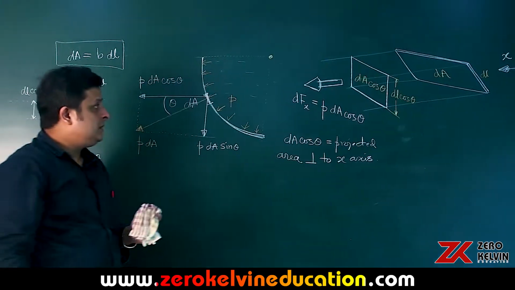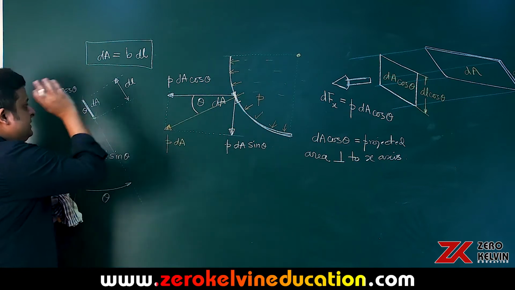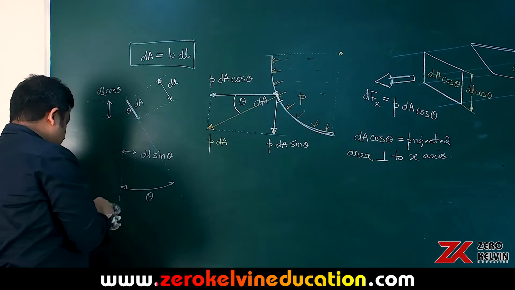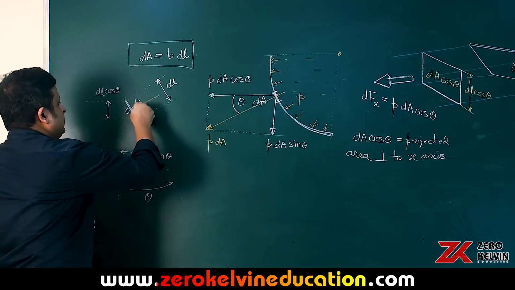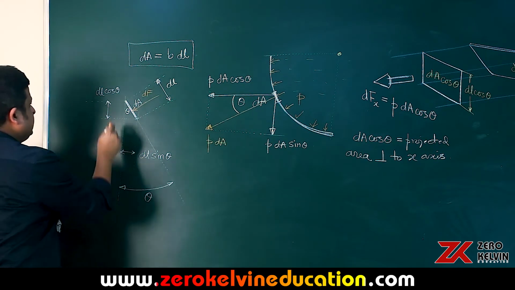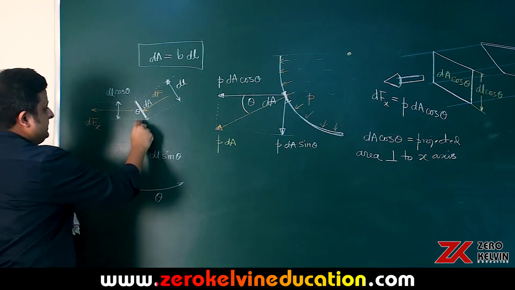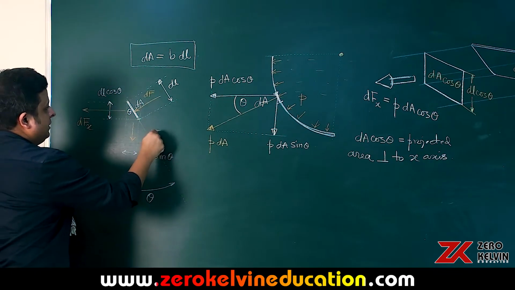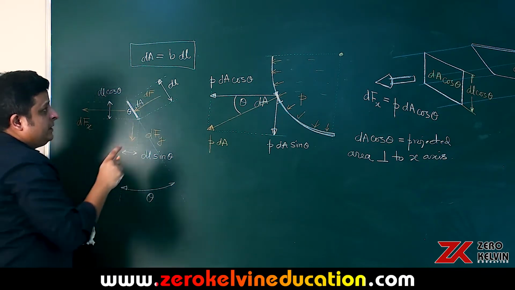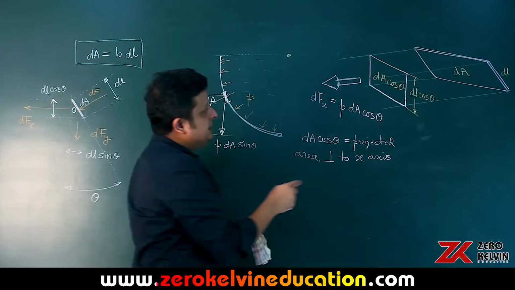So next, I hope this is clear, right? Simple as that. See, this area is dA. So the force on this area dA acts along this direction. Make it dF. So this component is dFx, and this downward component will be dFy. So dFx is equal to p multiplied by dA cos theta. I hope it is clear in this diagram.